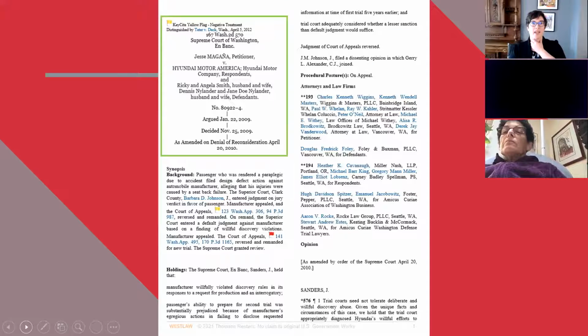At the top, you've got the case caption, which will show who the parties are and what the case citation is, when it was decided, what level of court decided it, all that sort of material. And whether there were any changes in the process, like amendments, whether there were any reversals, that sort of thing.